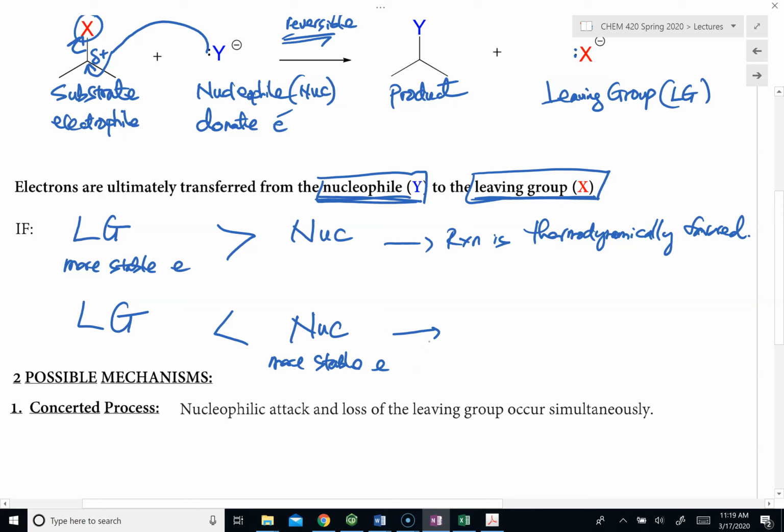However, it is not thermodynamically favored. And again, we will explore everything about this in a little bit: how to determine the stability of the leaving group and the nucleophile, and the reaction mechanism.